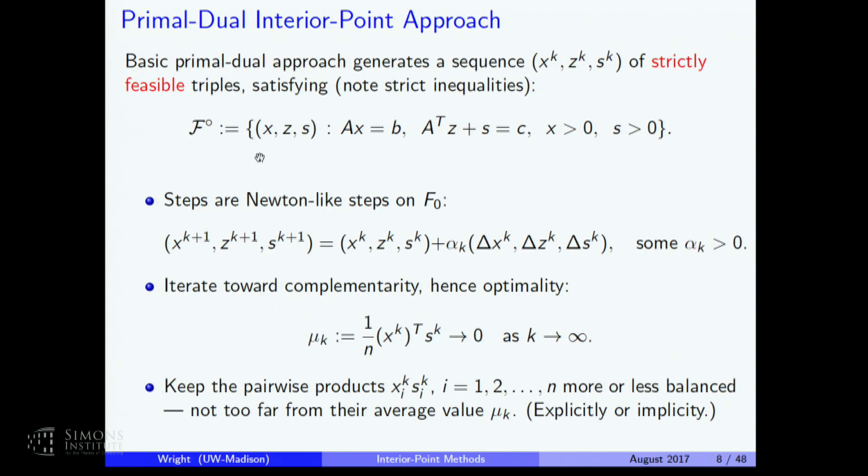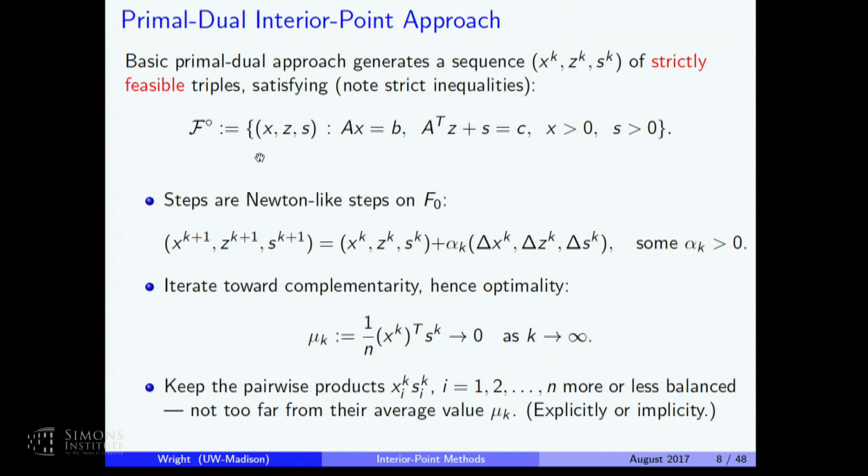Let's denote them by this delta notation. We're going to take steps along that Newton direction, usually not full steps. Usually we're going to pick some alpha that's between 0 and 1. Because these conditions are linear, after we take the step, they'll continue to be satisfied. I'll explain that more in the next few slides.